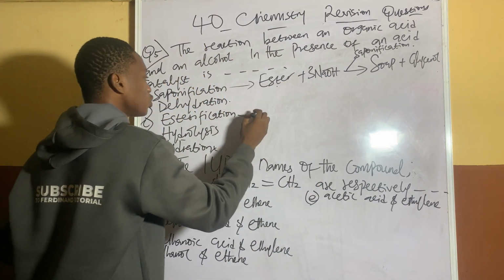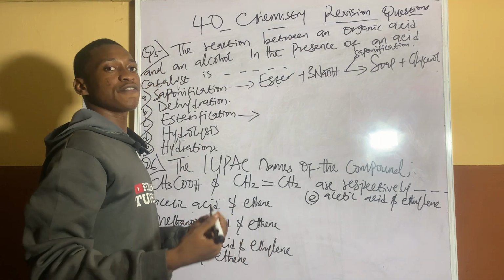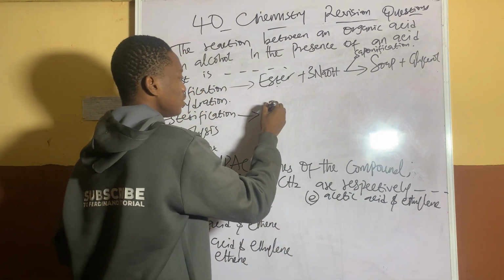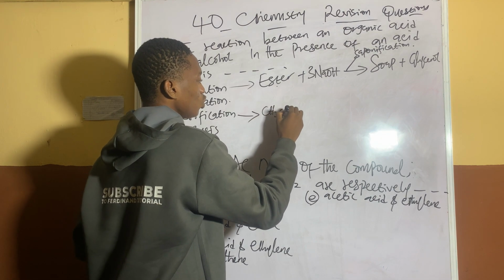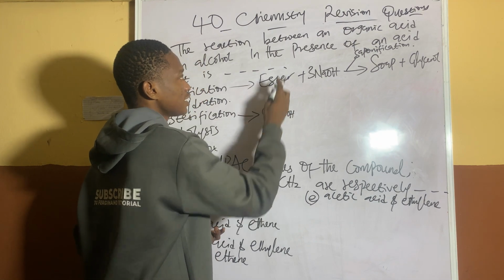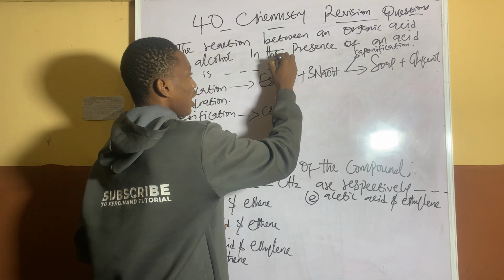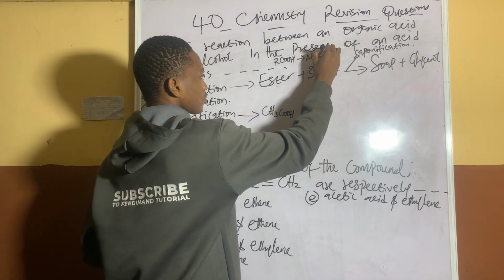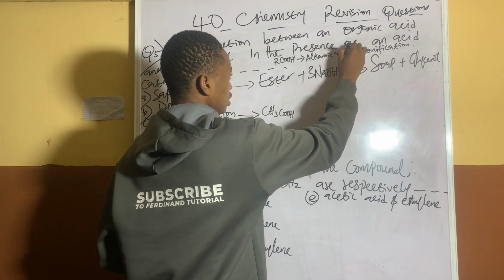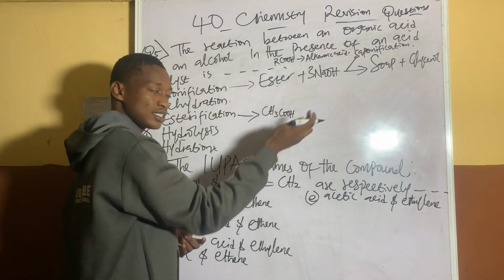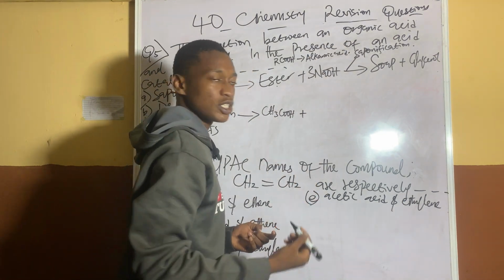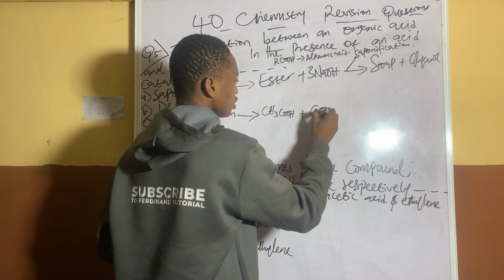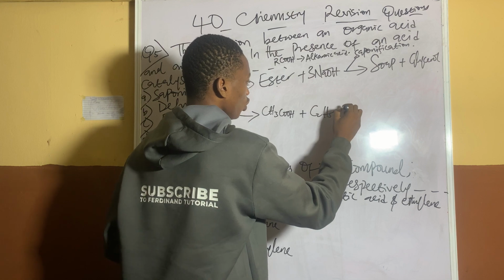Meanwhile, if we come to esterification reaction, we're talking about alkanoic acids. Let's take for instance CH3COOH. This is an alkanoic acid. Alkanoic acid has the general formula RCOOH. So I can say alkanoic acid reacts with an alcohol, let me use ethanol, C2H5OH.